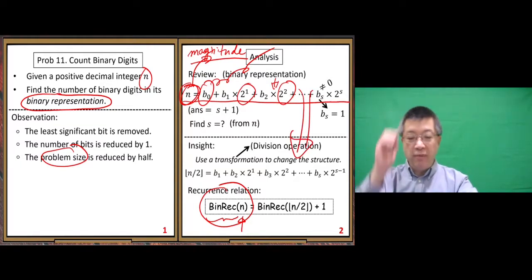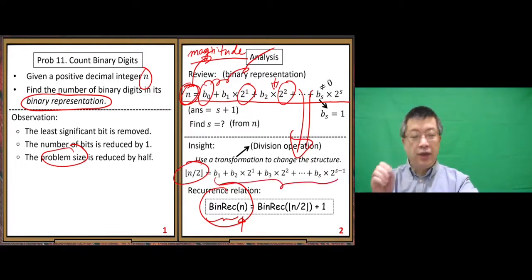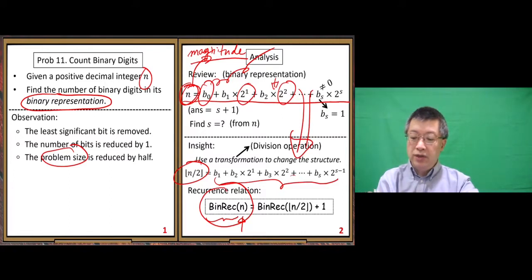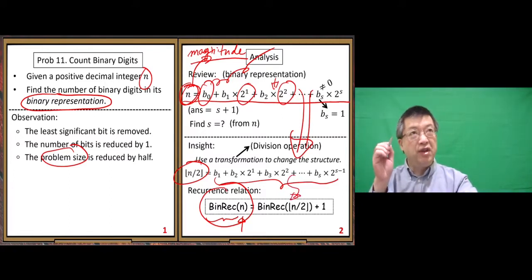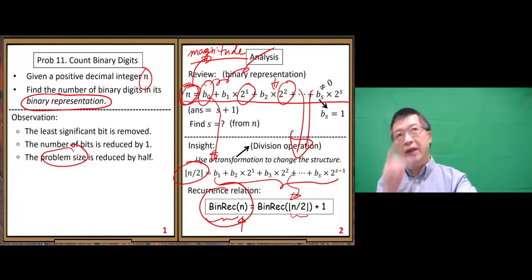After the transformation, because your problem size is reduced by half, to get the total number of bits in this new problem, you need, based on the definition, this function with the new magnitude of the problem size. And the difference, remember, is B0, that 1.